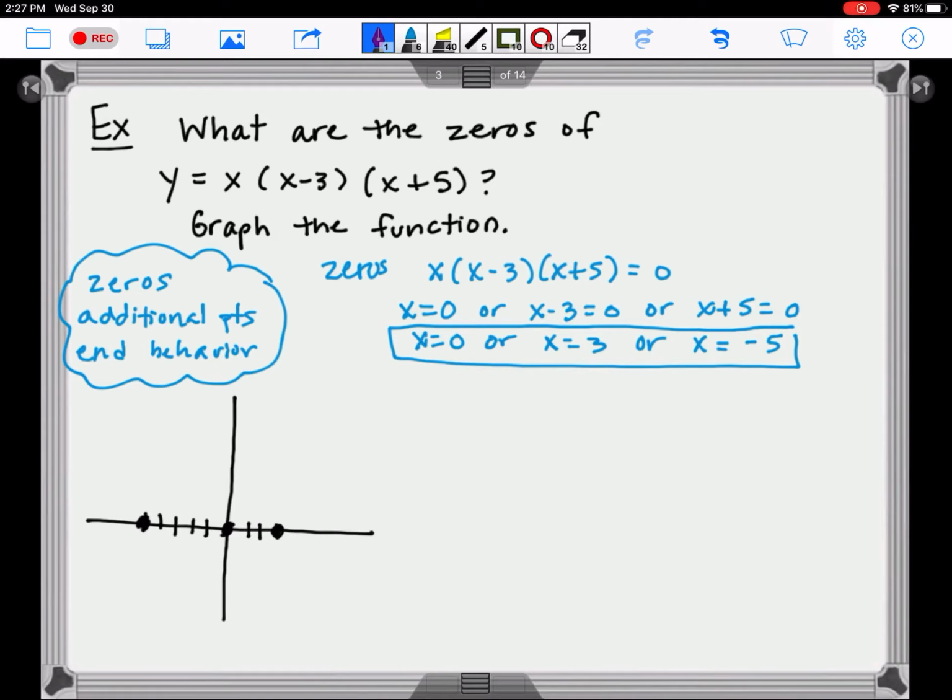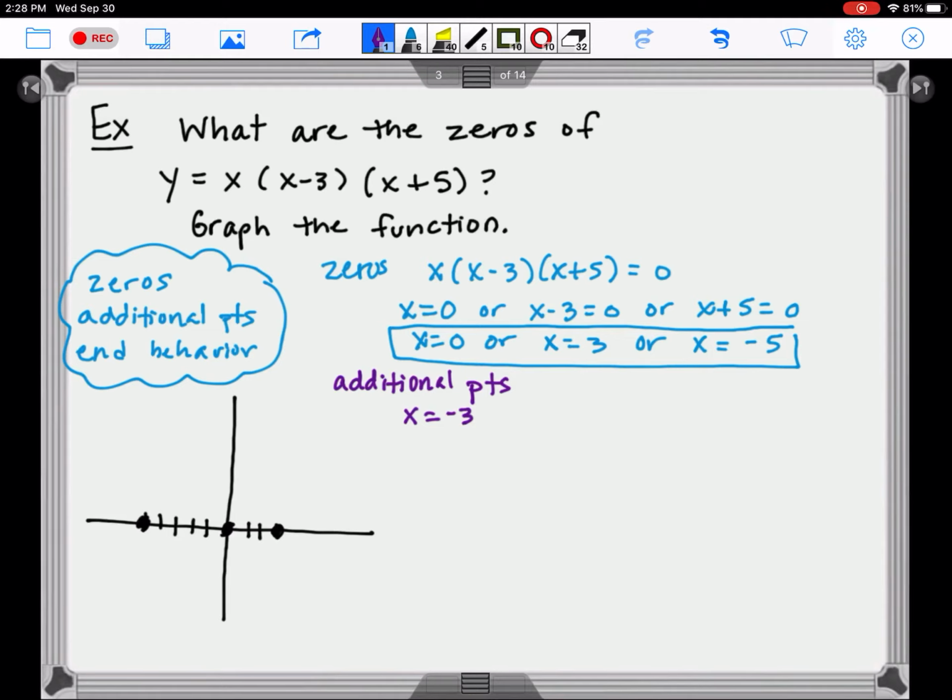So for example, I'll just call these additional points. I'd like to plug in something that's part way between negative 5 and 0. So let's just substitute in, say, negative 3. I'm substituting negative 3 into the equation.